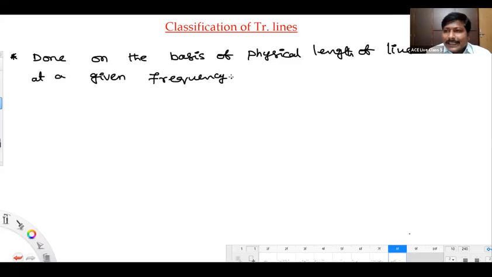This is one criteria. And the second criteria I'm going to say is that it is done on the basis of consideration of capacitance in the equivalent circuit. Is it required to take the capacitance into the circuit or not? That is one basis for the classification of lines.